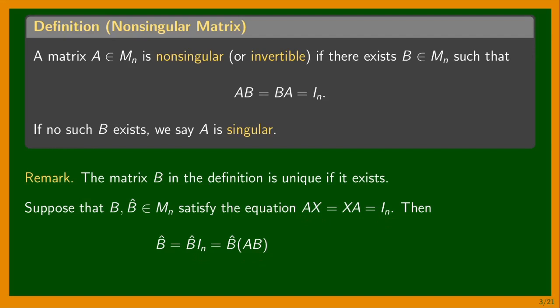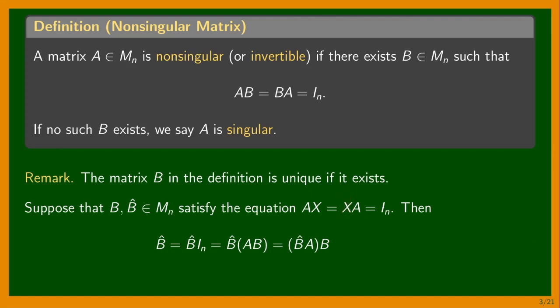Now, because matrix multiplication is associative, we can place the parentheses over here. Also, because B hat satisfies this equation, then looking at the second equation, this implies that B hat times A is equal to the identity.